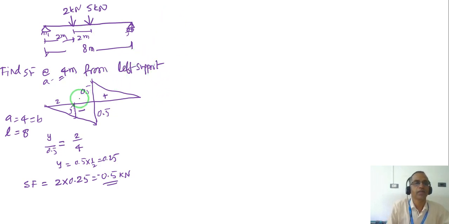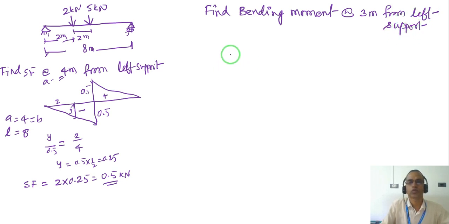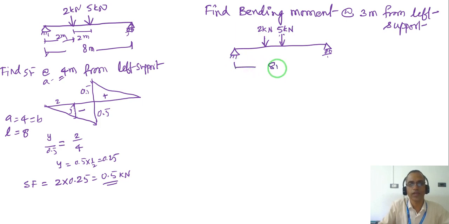Similarly, if it is asked to find the bending moment due to these loads, let us say at a distance of 3 meter from the left support, what we do is, for the given beam, 2 kilonewton, this is 5 kilonewton, and total length is 8 meter, at a distance of, this is 2 meter, and this is also 2 meter.